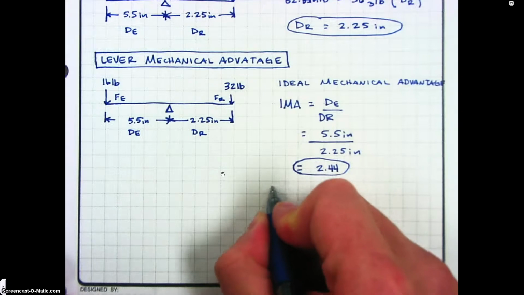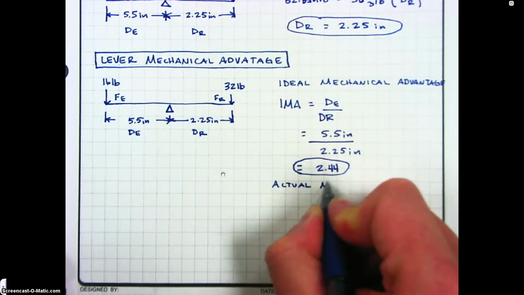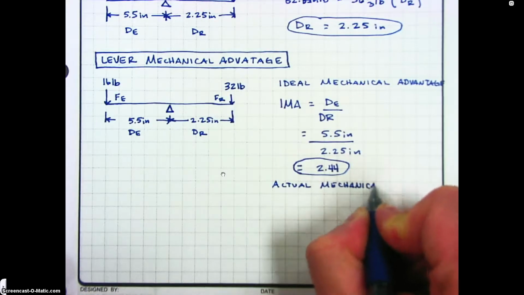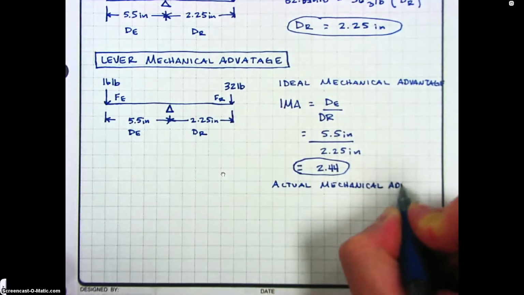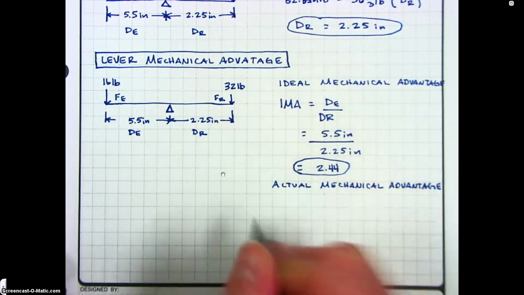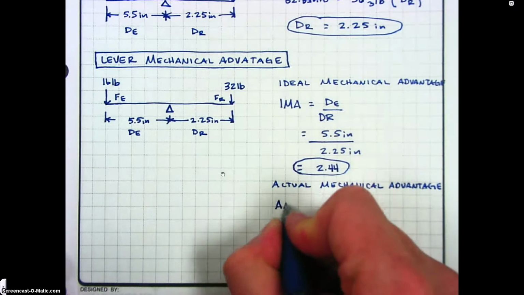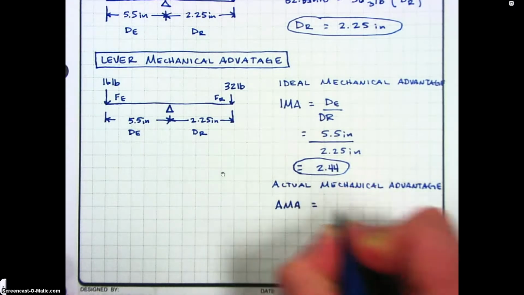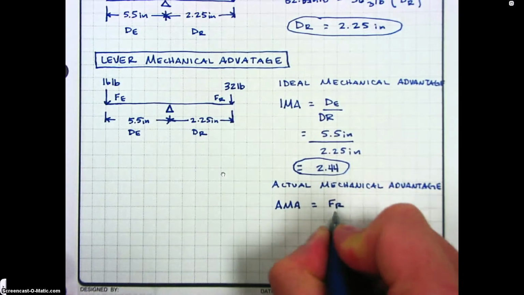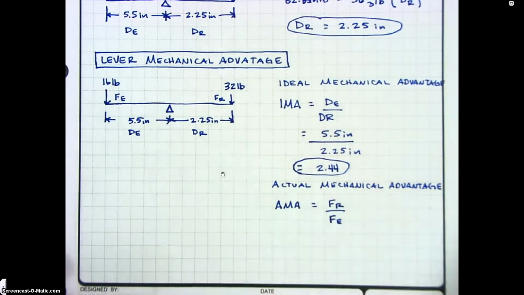Actual mechanical advantage now is abbreviated AMA. Actual mechanical advantage is equal to the force of the resistance divided by the force of the effort.